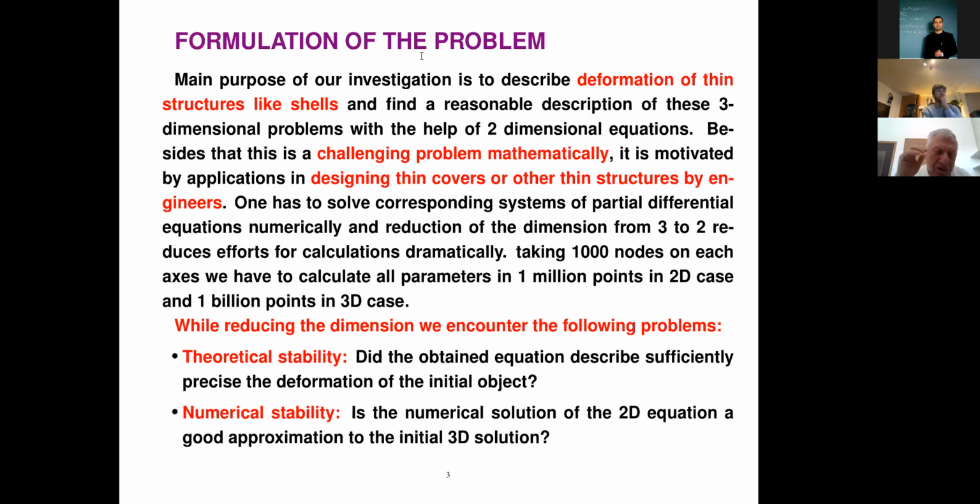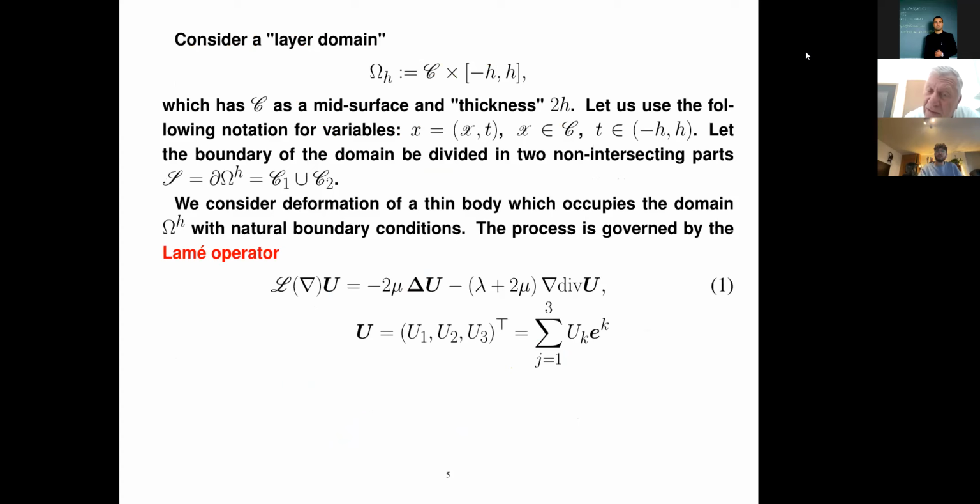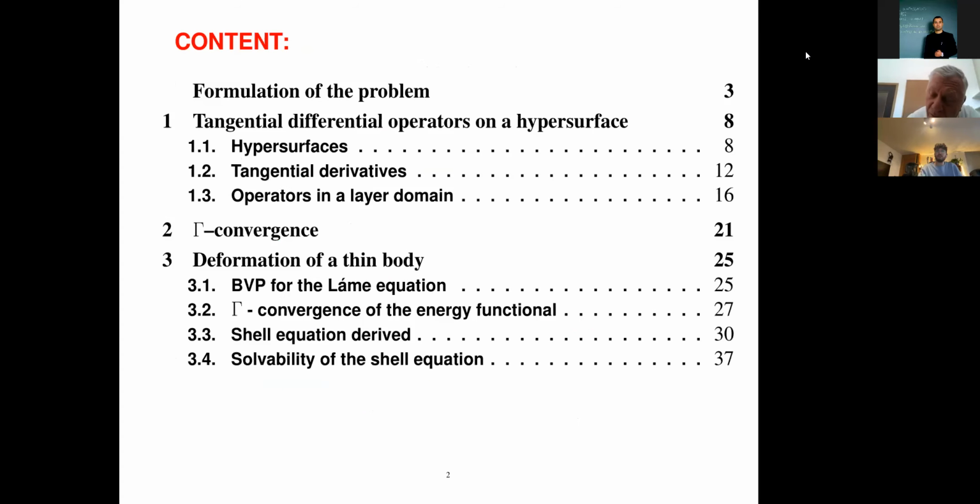You have an equation in some thin domain, and then we send the thickness of this domain to 0. We have the Lamé equation in this thin domain and would like to define in which sense we understand the limit of this process, and then derive the corresponding equation.